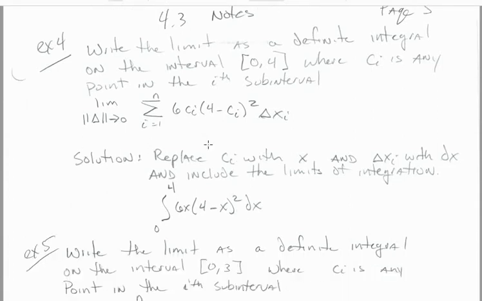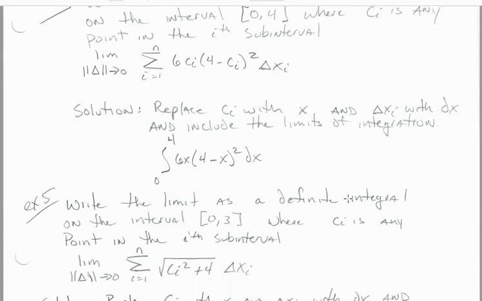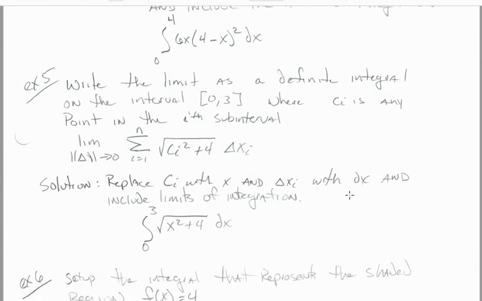Once again, replace any ci with an x and any delta xi with a dx. So our solution for our integral here is 0 to 4, because those are on the interval we're looking at. And we end up with 6x times the quantity 4 minus x squared dx. These should be pretty straightforward and pretty easy for you guys doing the translation.